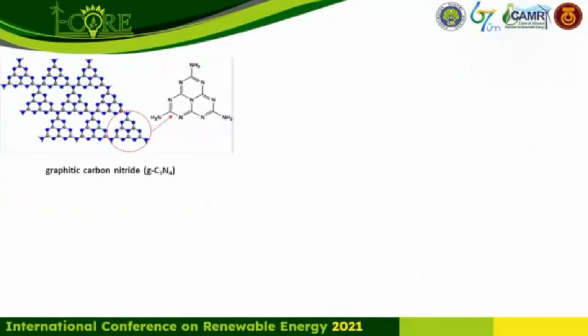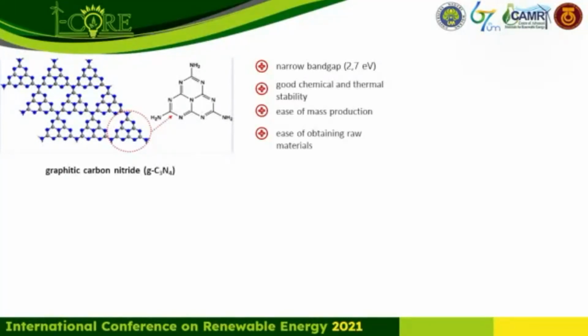Of the various types of semiconductor materials used for photocatalytic degradation, graphitic carbon nitride is considered one of the most promising materials. Graphitic carbon nitride has a narrow band gap of 2.7 eV, good chemical and thermal stability, is suitable for mass production, and is an earth-abundant material.